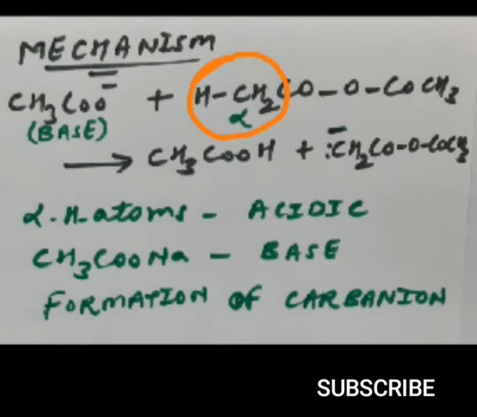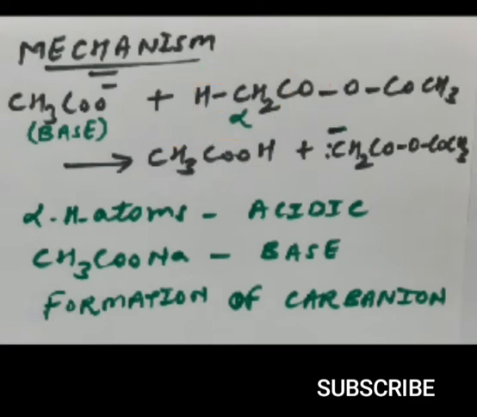Now these are weakly acidic in nature. Why are they acidic? Due to the existence of the carbonyl group. Carbonyl group has a minus I effect, negative inductive effect. Because of this, it will pull the electrons towards itself, and it will be easier for this carbon atom to release H in the form of H+. And so we can say it is acidic in nature.